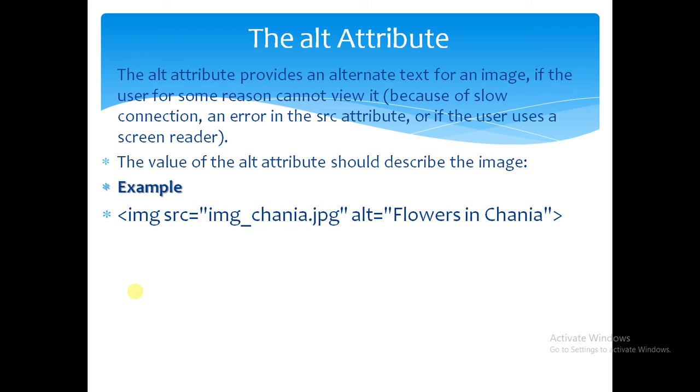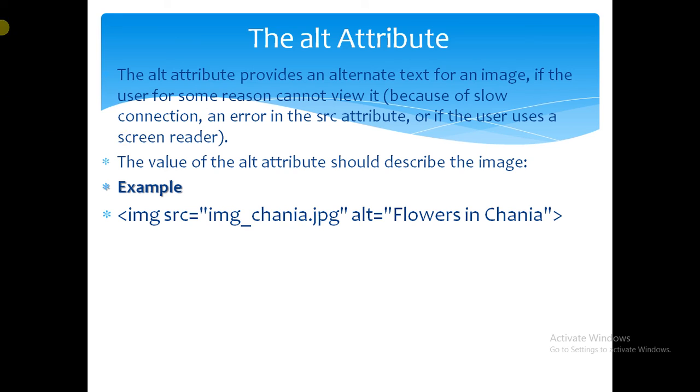Next, the alt attribute. Alt is an important attribute of the image tag, and the alt attribute provides an alternative text for an image if the user for some reason cannot view it because of a slow connection, an error in the src attribute, or if the user uses a screen reader. The value of the alt attribute should describe the image.